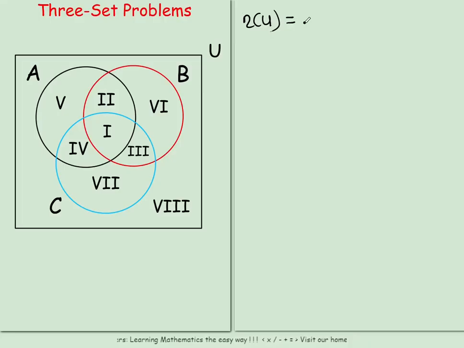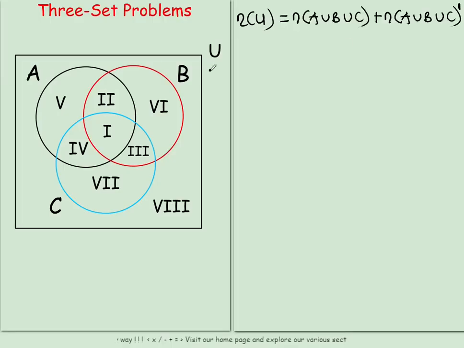So the universal set is A union B union C plus the complement, that is if there was an element in the complement over here.